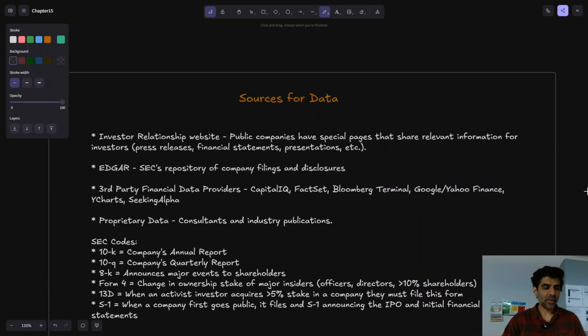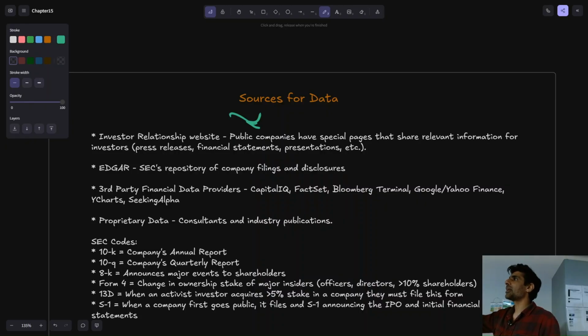Every public company has special pages for their investors where they have press releases and all the financial statements, all the quarterly statements, the annual statements. They're going to have it all compiled in one place. So if you ever wanted to research a company, you can just put into Google the company's name and "investor relations." That will usually take you straight to the site.